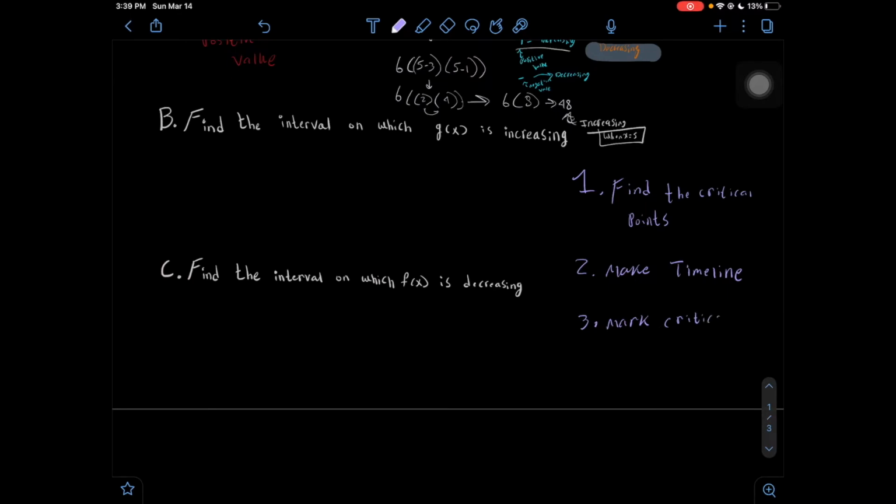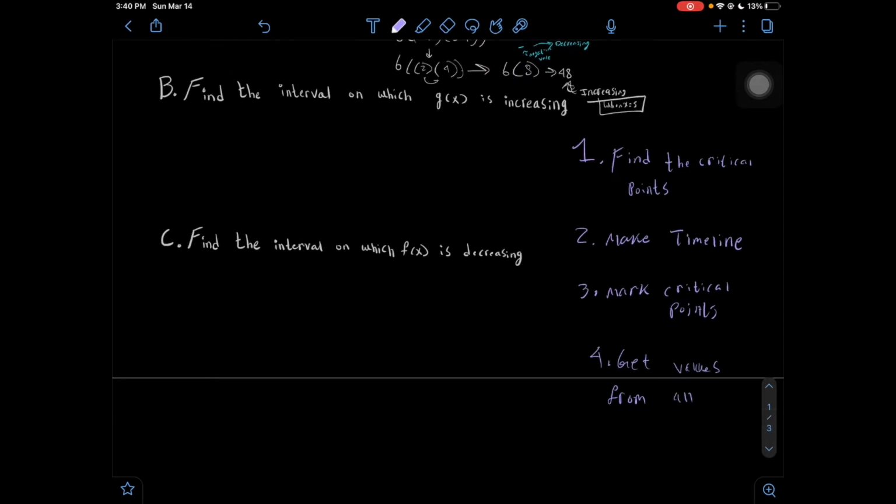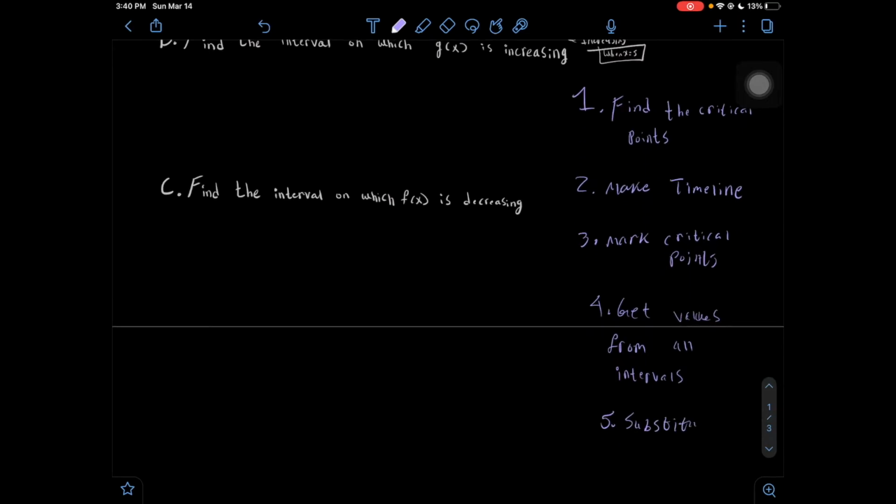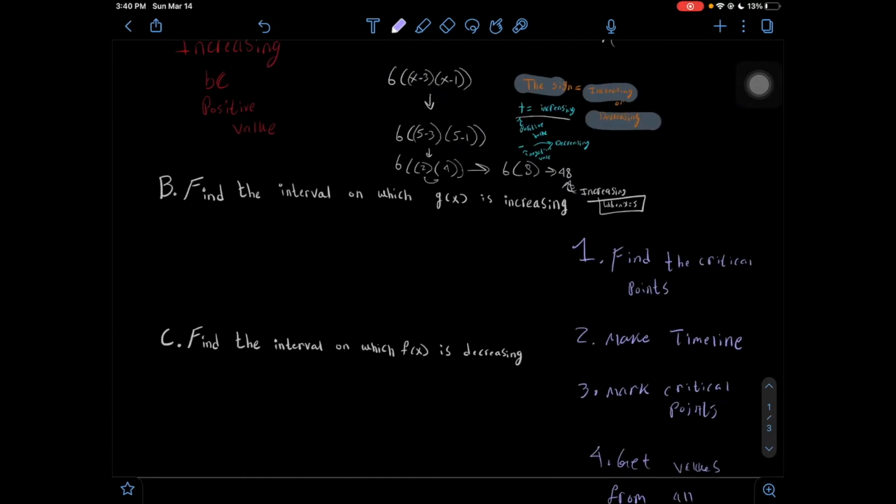And then 4, we are going to get values from all intervals. And you'll see what we mean in just a moment when we start B and C. 5 is to substitute the values into the derivative. Okay, so let's go ahead and start B first and then go on to C.